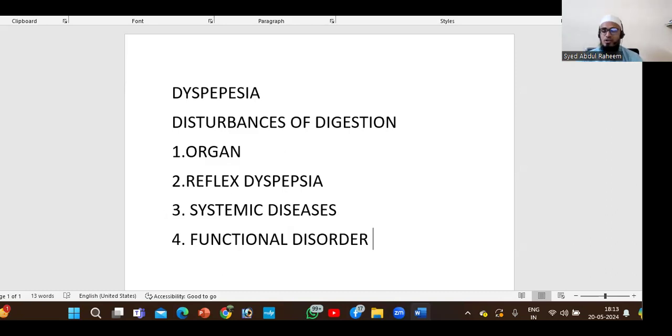Like taking spicy food, which harms the inner epithelial lining of the stomach, and depression, anxiety, which will also cause dyspepsia, and lack of sleep. Okay, always sitting, not drinking water properly.